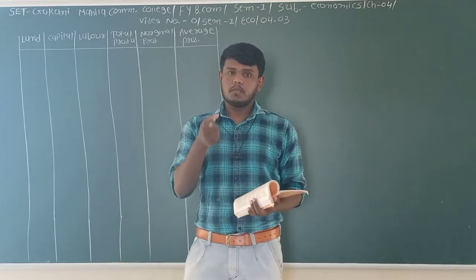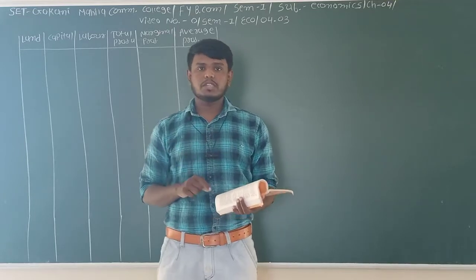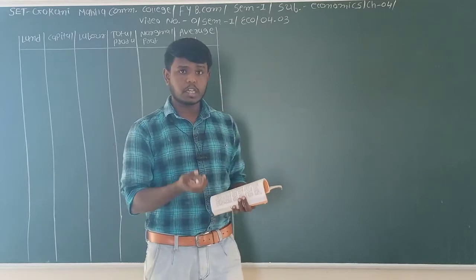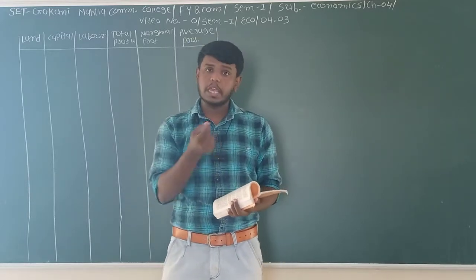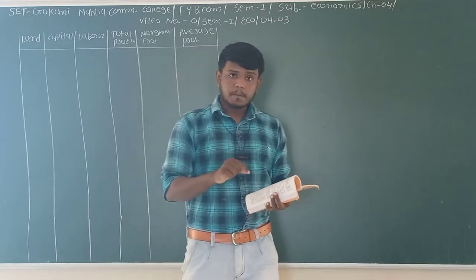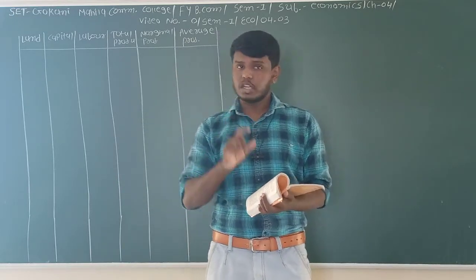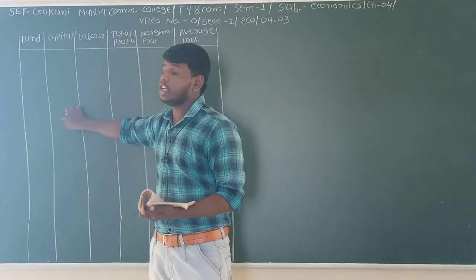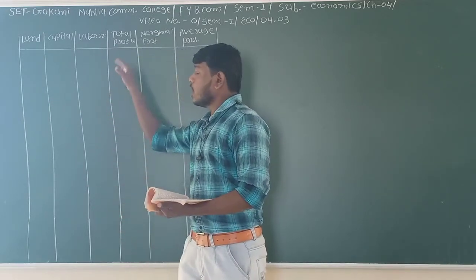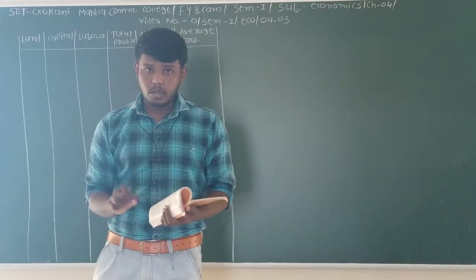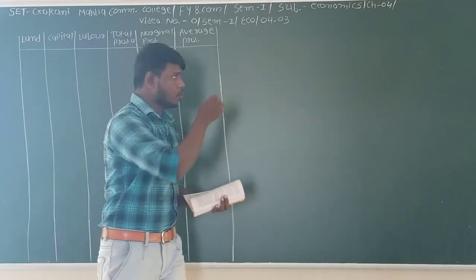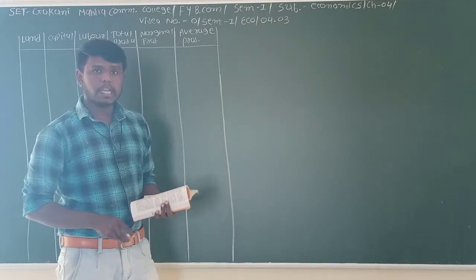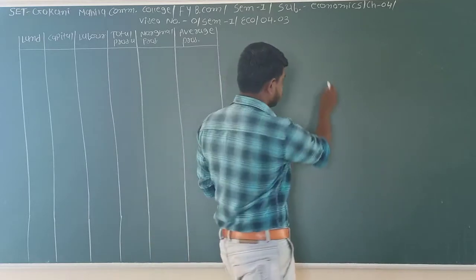For example, if your land and capital are both fixed, with no change in factors of production like capital and land, and you change only one factor, that is labor, how will that change affect your business organization? In that video we saw that in the starting phase it will increase.